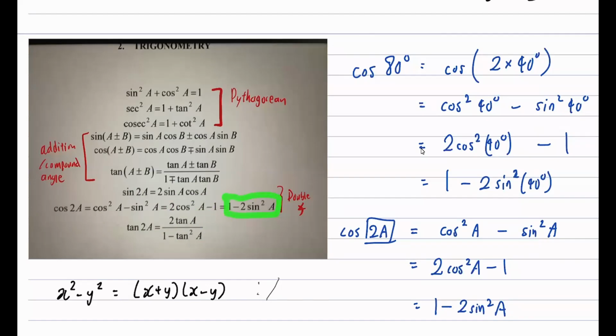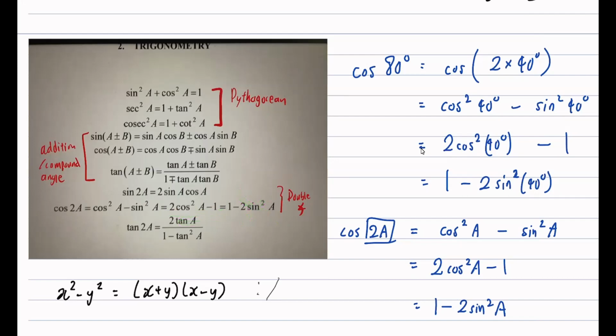So that could be useful in your problem solving when you are trying to prove identities. Like, you see the final result on the RHS, everything is in terms of cosine, no sine, and then you have a double angle. That naturally means that you should pick this version instead of that one, because you want more cosines. Does it make sense? So that's how you can interpret the double angle.